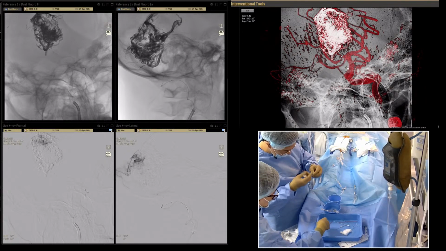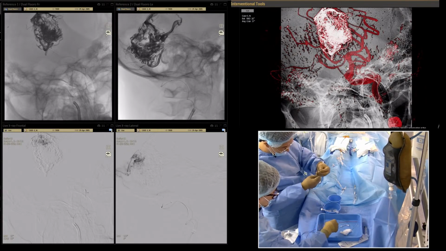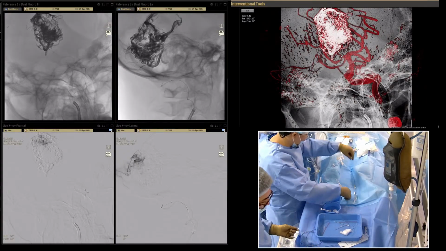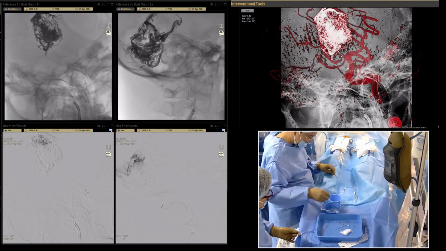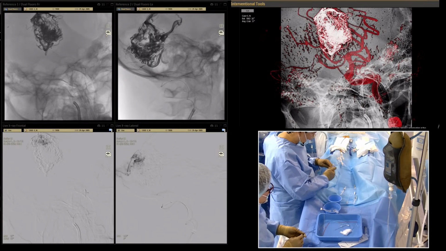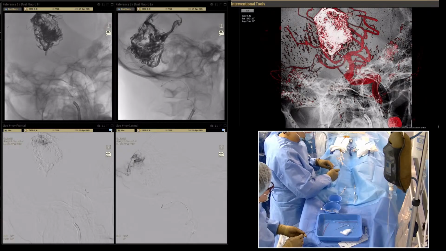Yes, we tried Traxxas 7. It's more torqueable in distal territory, but hybrid 7 is also okay.